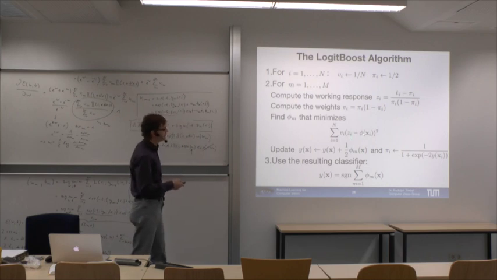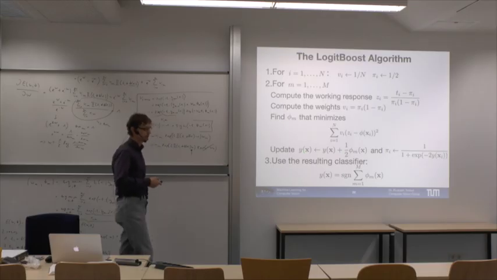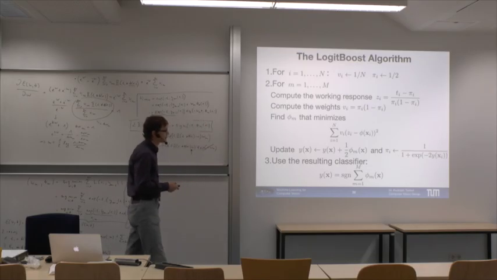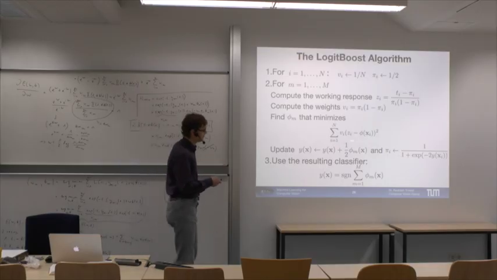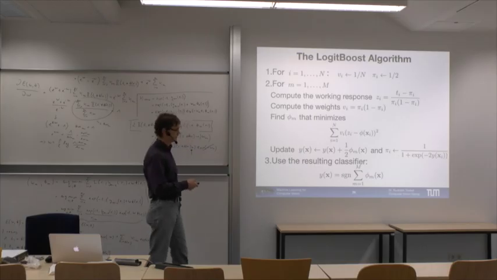Now, once we have this phi, we simply add this phi to our big sum of weak classifiers, or regressors. In our case, this is now regression, right? And of course, these are functions, so we have to find a way to sum up functions, but if these are linear regressions, then it's easy to sum them up, right?